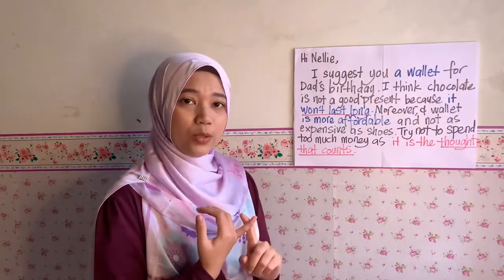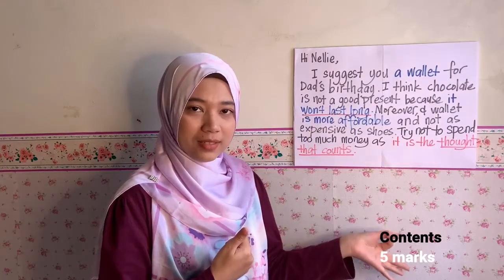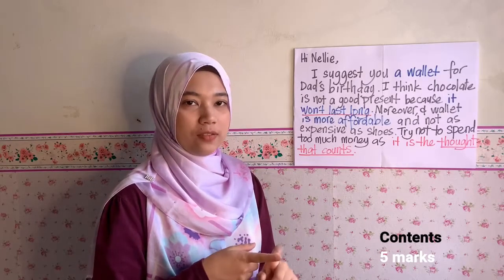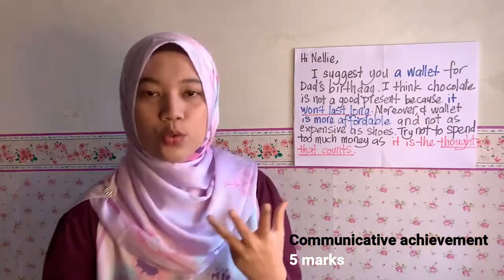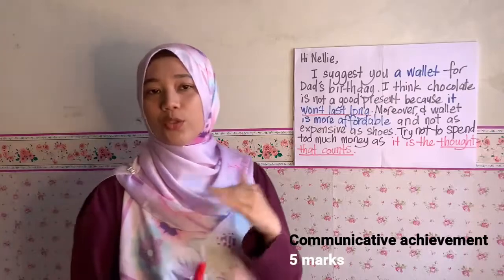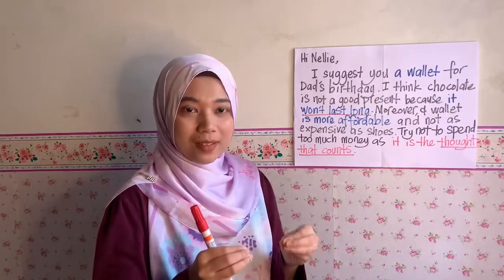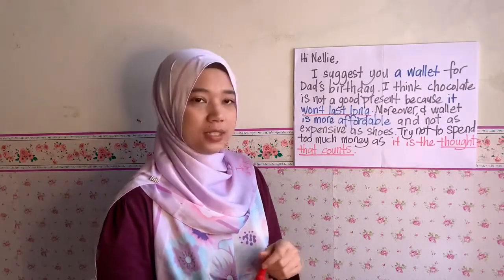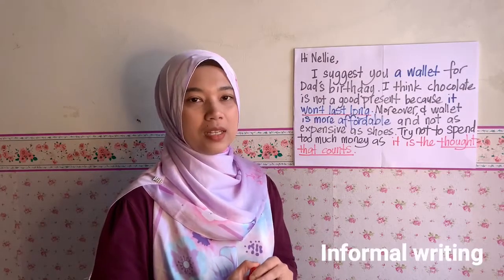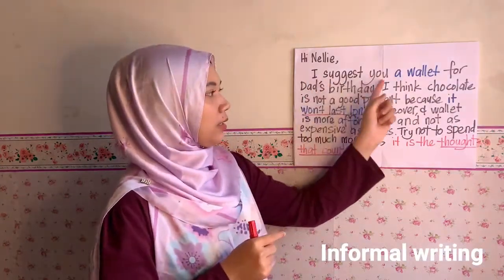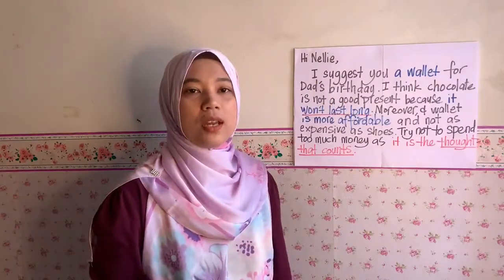Remember about the assessment, we have contents. So we have 3 contents altogether, and then we have communicative achievement. For communicative achievement, it is important for you to show that you know that person. You are actually writing a real message to the person. That is a communicative message. Your tone of writing is informal. So, let's say I suggest you, please avoid using "I would like to suggest you."